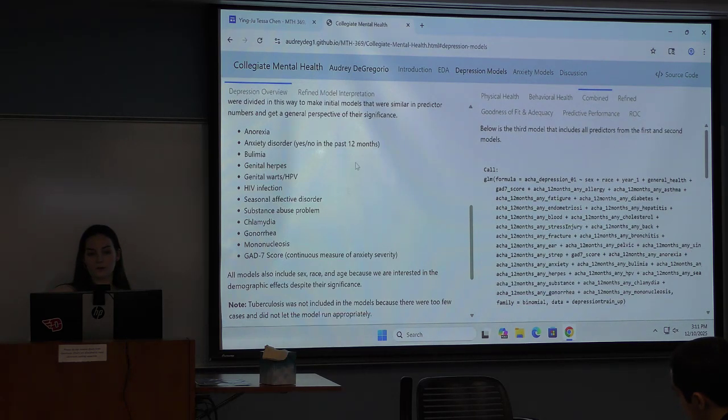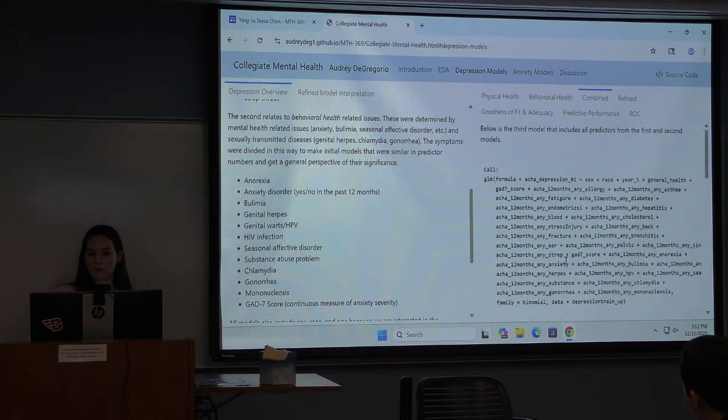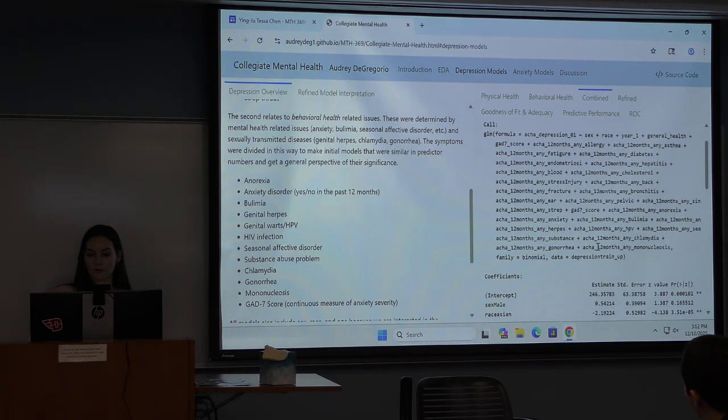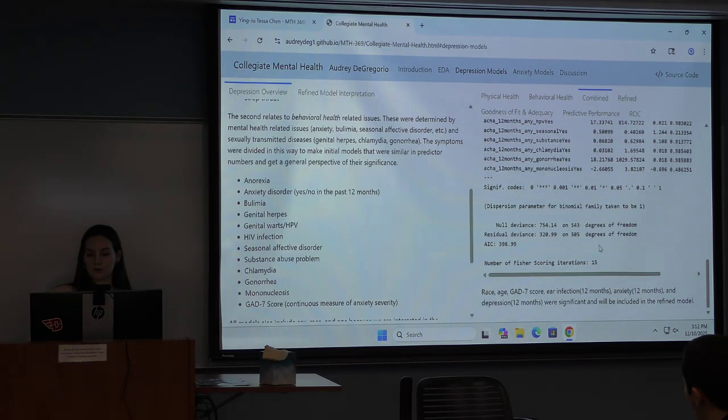And then for the third test model, I combined all of the predictors in here and made one giant model. And the significant variables in this were, again, race and age, the GAD7, ear infections, anxiety, and depression.